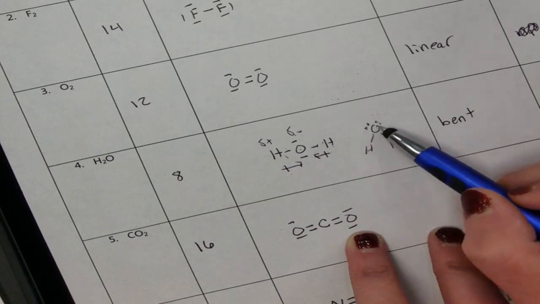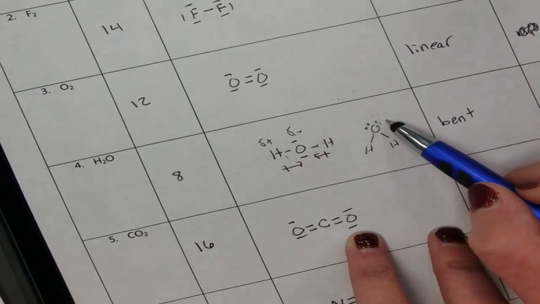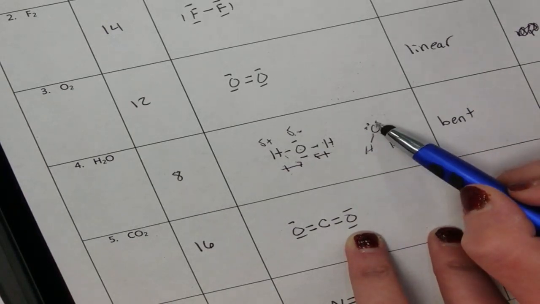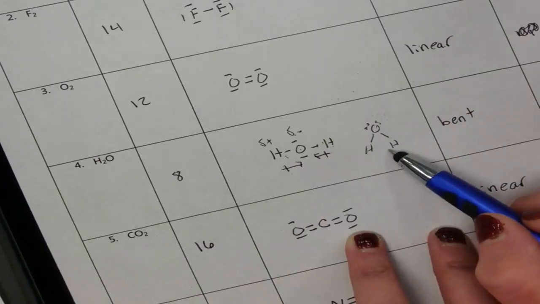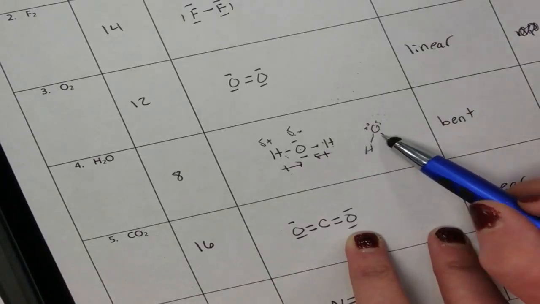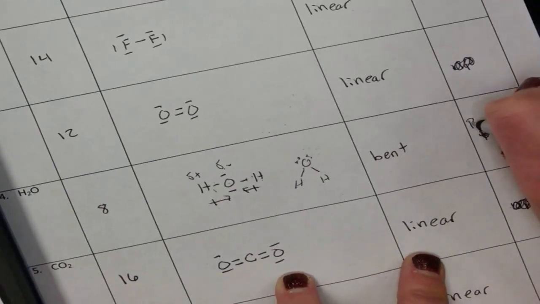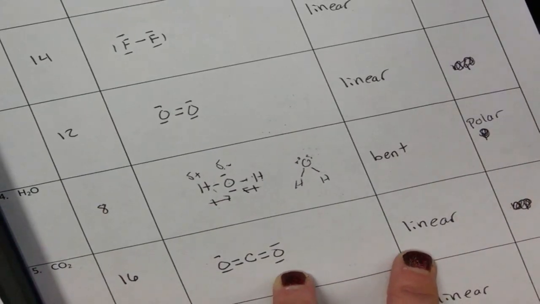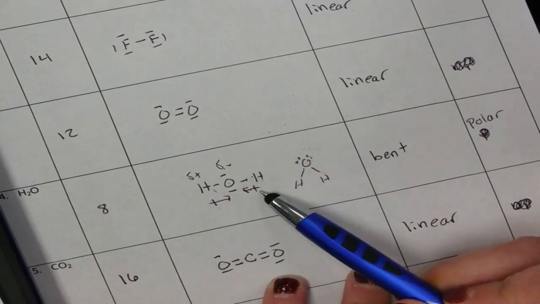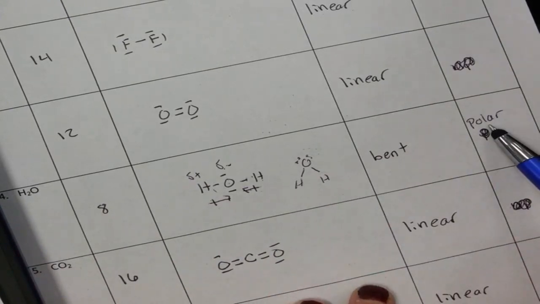These lone pairs of electrons are very negative. There's no pull at the top. The pull is all down here between the oxygen and the hydrogens. So overall, water would be considered a polar molecule. It has polar bonds, polar molecule.